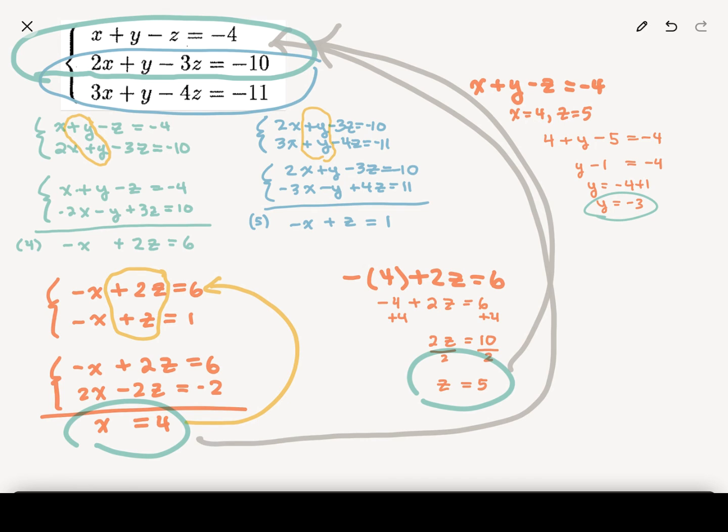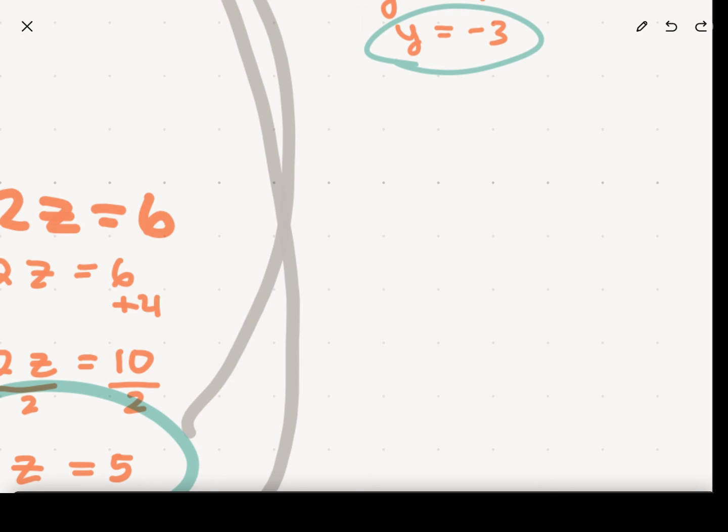The last thing to do is to check. I will use the second and third equations for checking. The second equation says 2x plus y minus 3z equals negative 10, and I want to see if my numbers make that true.